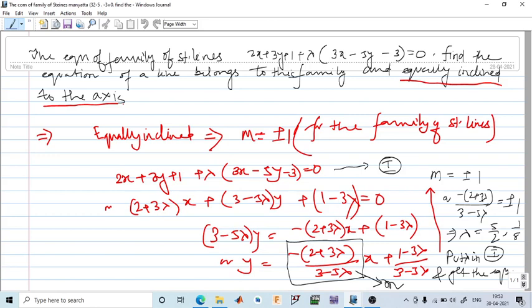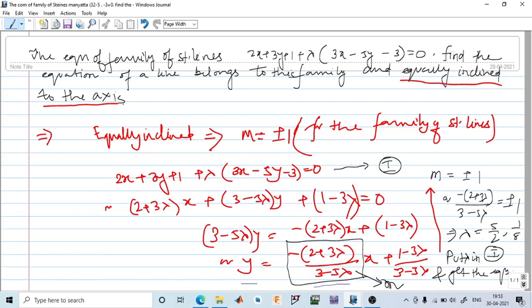To get the value of m, we should write the whole equation in the form y equals mx plus c. So I arranged the equation and made it y equals mx plus c. Then m equals plus or minus 1, as it is written equally inclined to the axes.